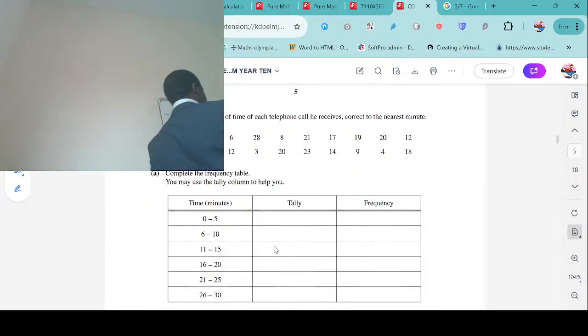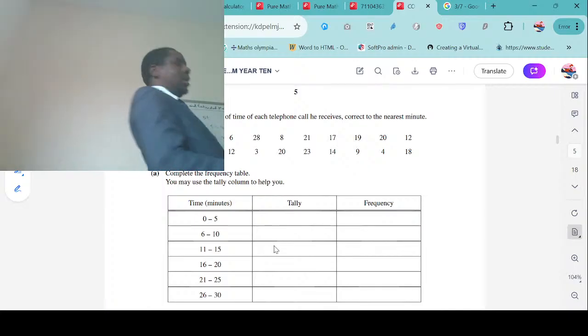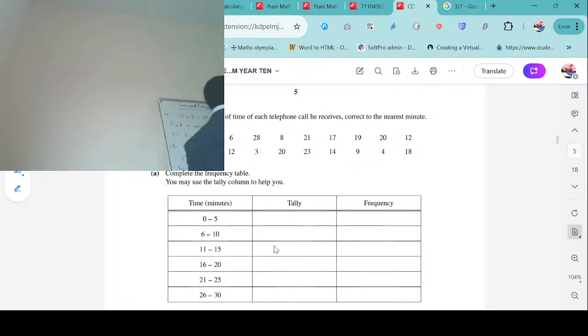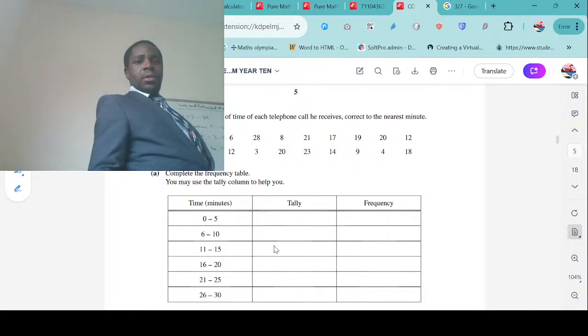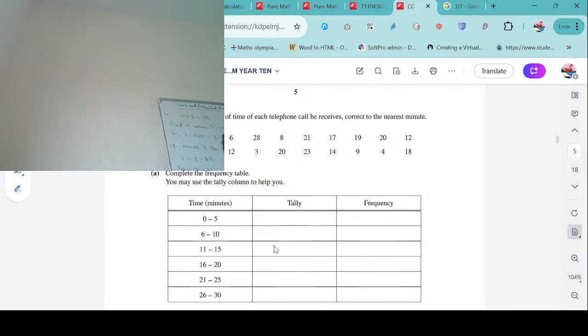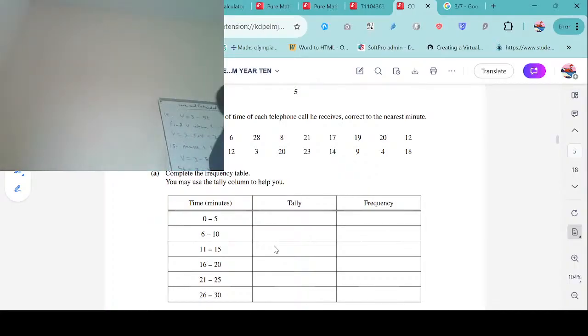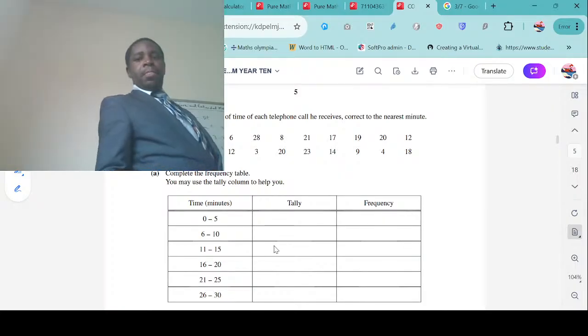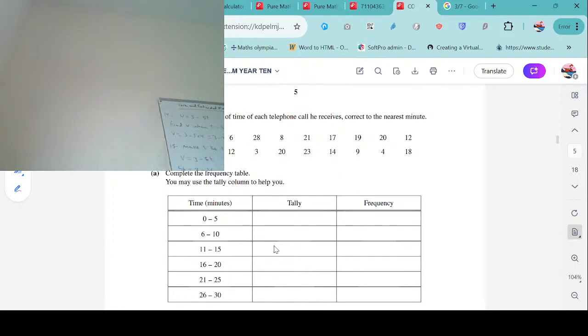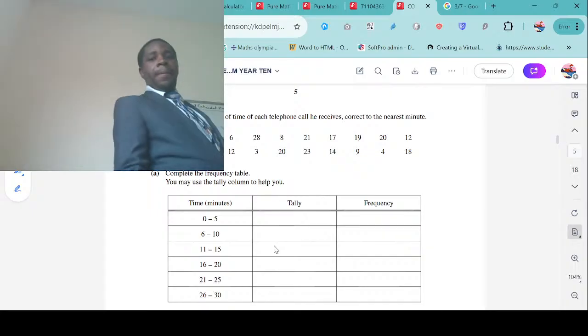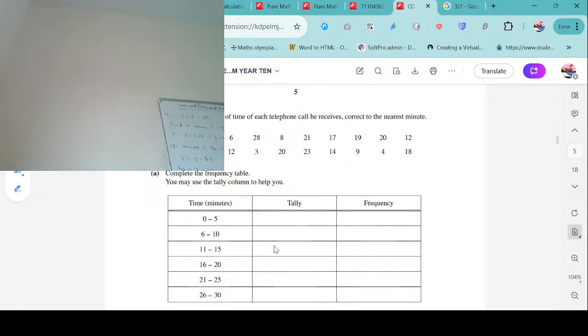So the data is given as we have 7, 11, 19, 6, 12, 8, 20, 21, 23, 17, 14, 19, 9, 24, and finally 12, 18.